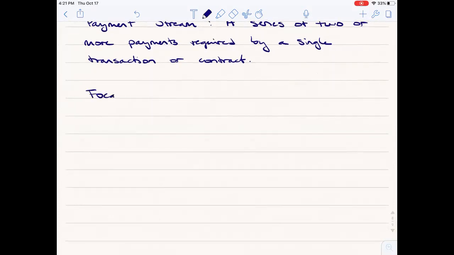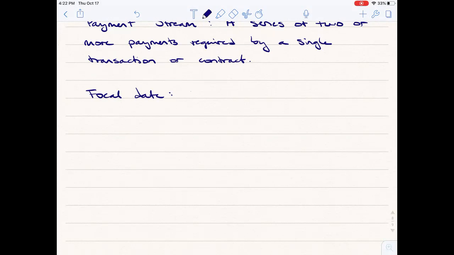The other term that we should be comfortable with is the focal date. The focal date is just a date of importance to our calculations. It's the date that we're going to draw all our money to, right? And so when we were saying, oh, well, we could calculate the principal amount or the future value, the focal date would say, go to this point, right? And we'll see more about that.